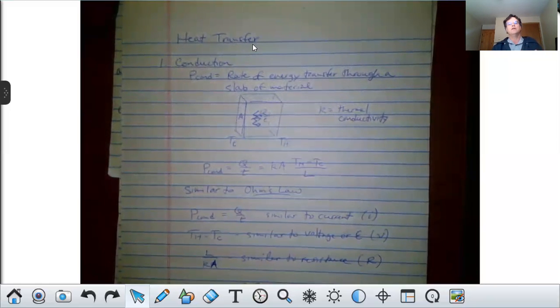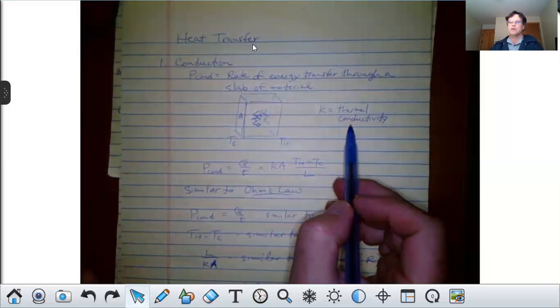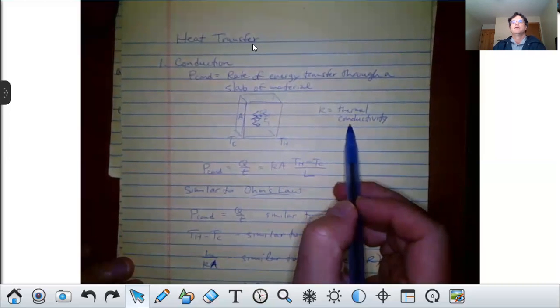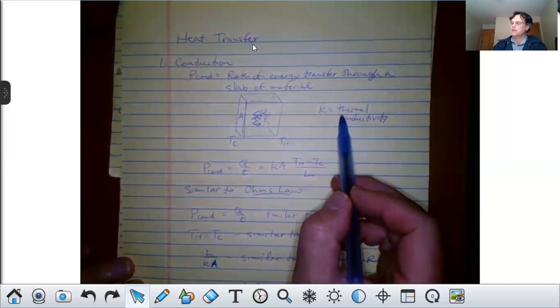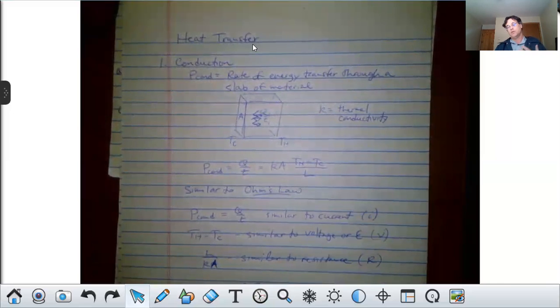Now, the rate of energy transfer through this slab depends on a couple of things, properties of the slab of material. First thing that it depends on is what the material is made of. And so there's a constant K called the thermal conductivity, which will depend on the material that you have.